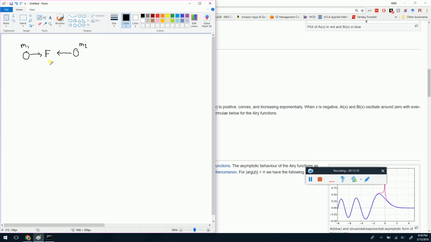All right. Now this is the x component. Actually, let's just draw it as a vector. Actually, maybe this diagram should have been shown a little bit differently.